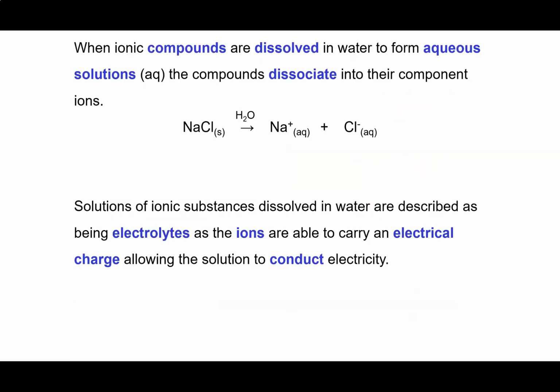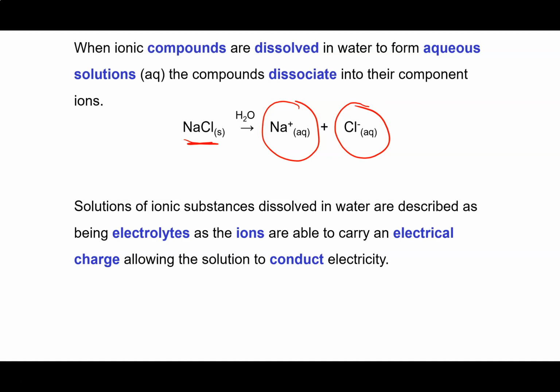So when an ionic compound dissolves in water, what happens is that the solid crystal becomes separated into individual cations and anions. And that's a really important idea. There are no neutral molecules present in an aqueous solution of an ionic compound. What there are instead are individual solvated positive ions and negative ions.